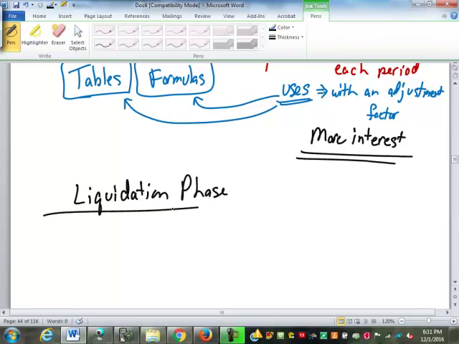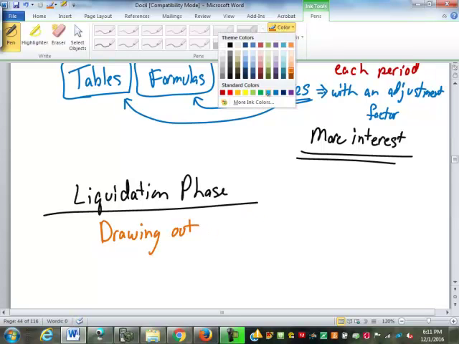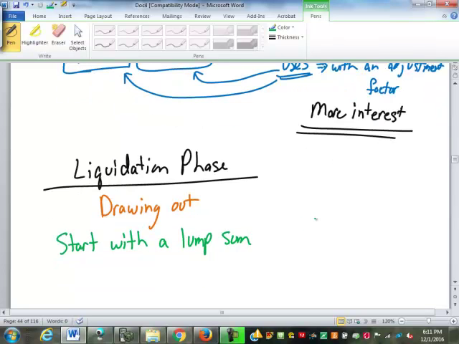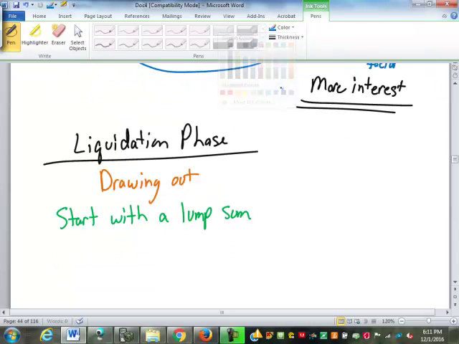Then there's the liquidation phase of the annuity. This is where you are drawing money out. You start with a lump sum, a large amount of money sitting there. Take out or draw out regular payments.